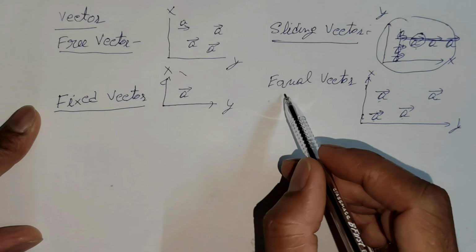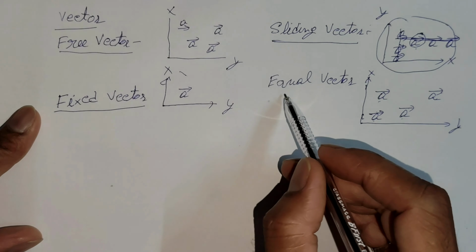Equivalent vector. Now what is an equivalent vector? Suppose this is a cantilever beam, and we have two forces, suppose 200 Newton and 100 Newton.